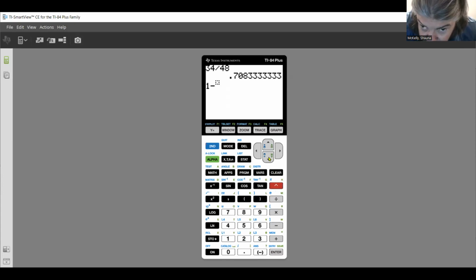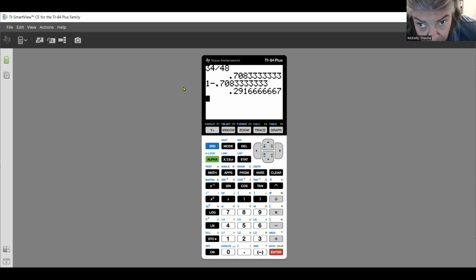My apologies. Let me see if I can fix this. This is 1 minus, go enter. There it is. So your p hat is 0.7083, and then you have 0.2917.